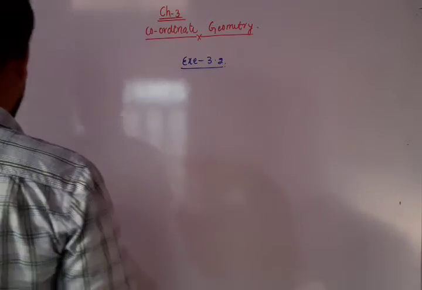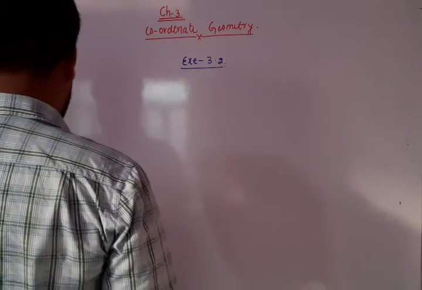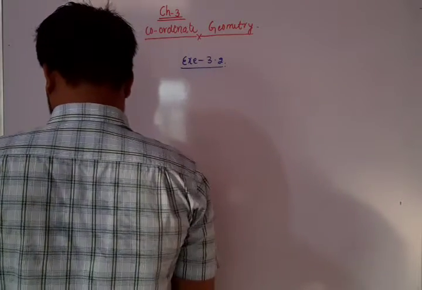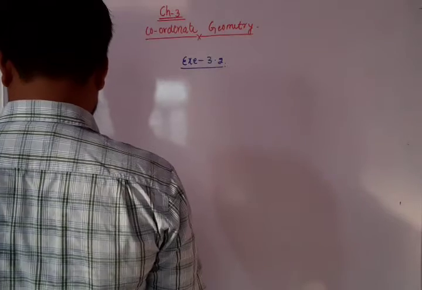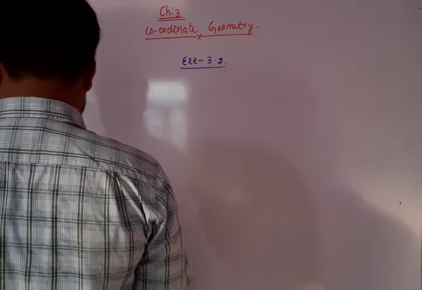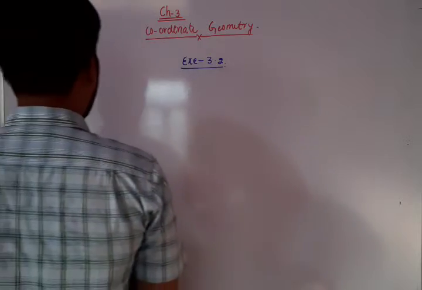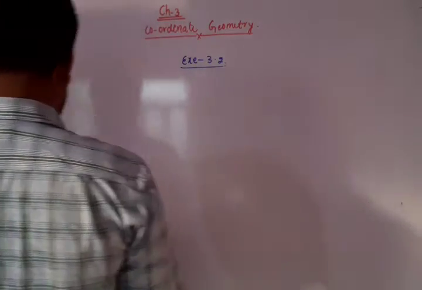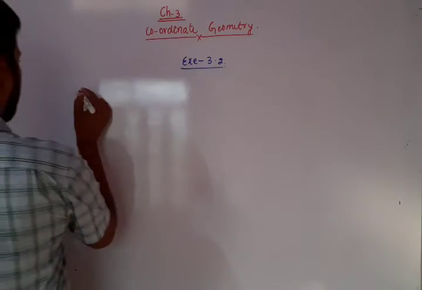Write the answer of each of the following questions. The question has been given and you have to tell the answer. First question is, name the horizontal and vertical line drawn to determine the position of any point in a Cartesian plane. In a Cartesian plane, I have already told we have a horizontal line and a vertical line. What is the name of the vertical line and horizontal line?